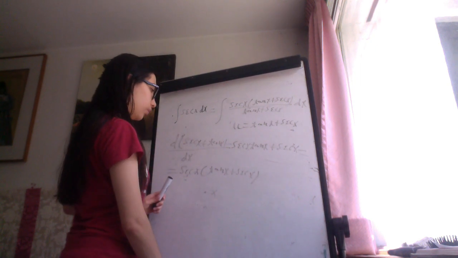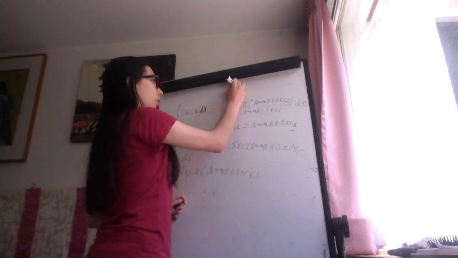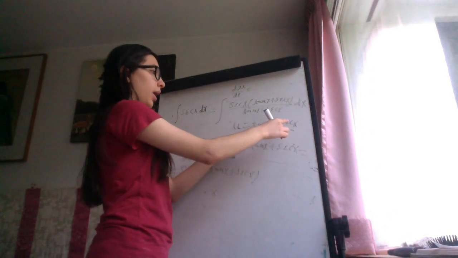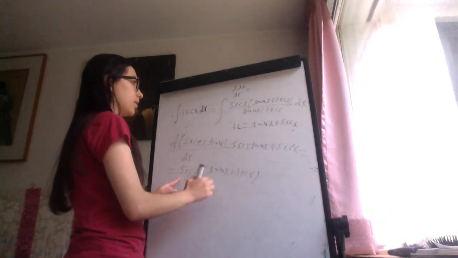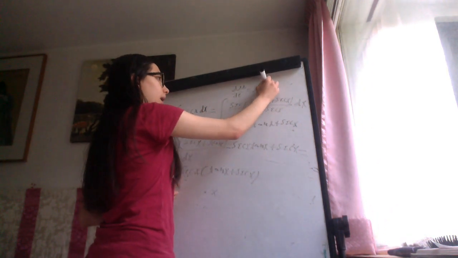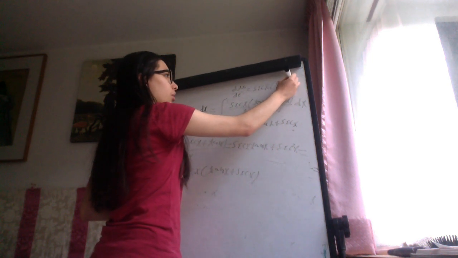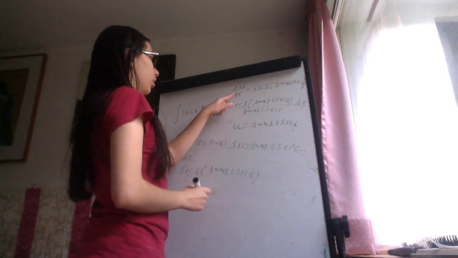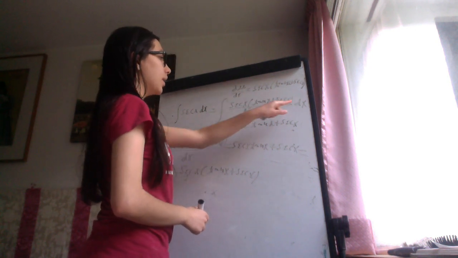So, du dx is, the derivative of tangent x plus secant x is secant x times tangent of x plus secant of x. So du will be this times dx.